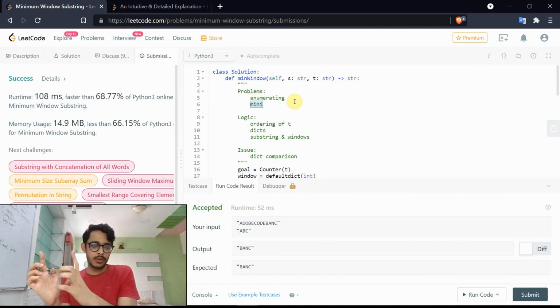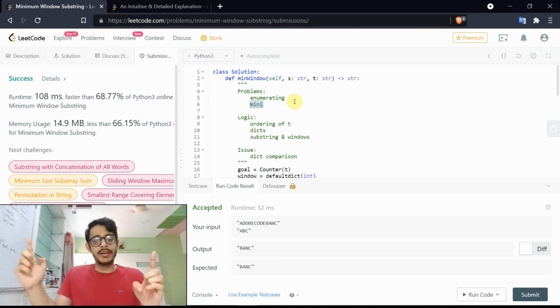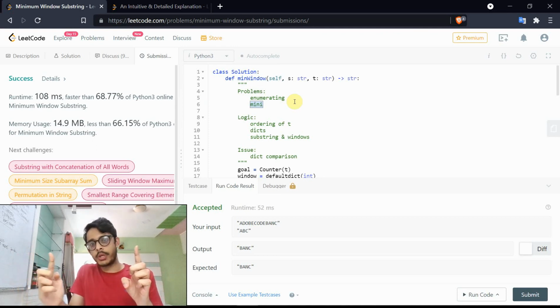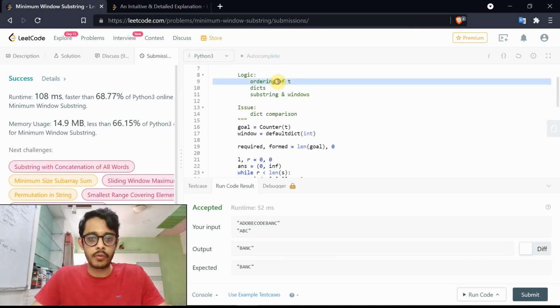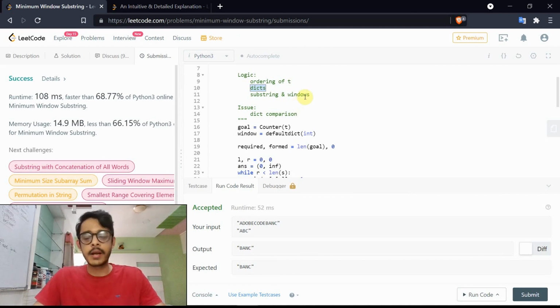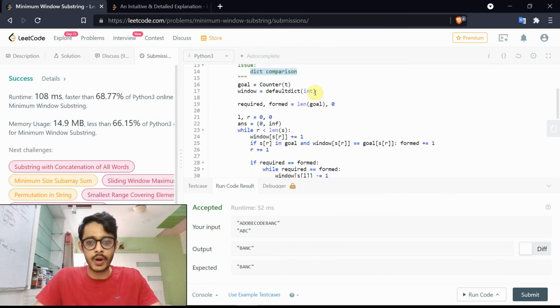And so while we had those windows bounded by L and R, with R always increasing, we found the minimum by also increasing the L at the same time, decreasing the window size. Then we applied the ordering of T logic to make it a dictionary. We also made the original window a dictionary and then compared both of these dictionaries together. This itself was an issue and we solved it by instead taking the lengths of their dictionaries.